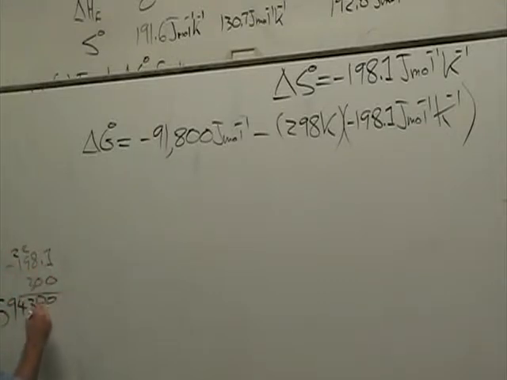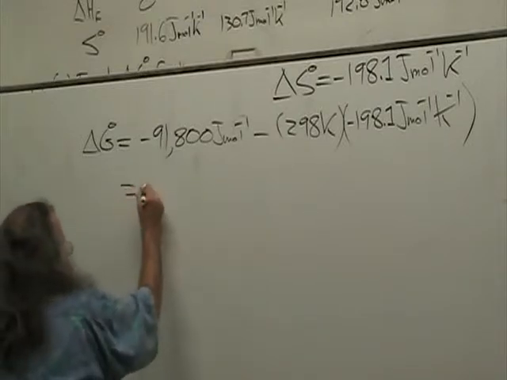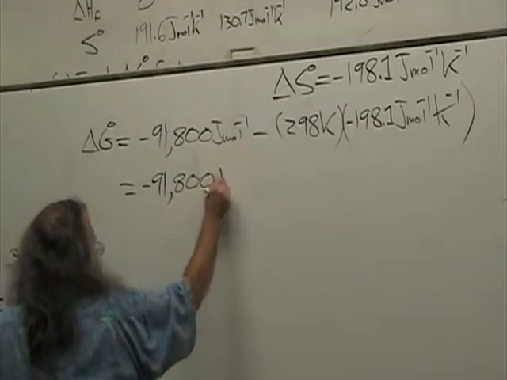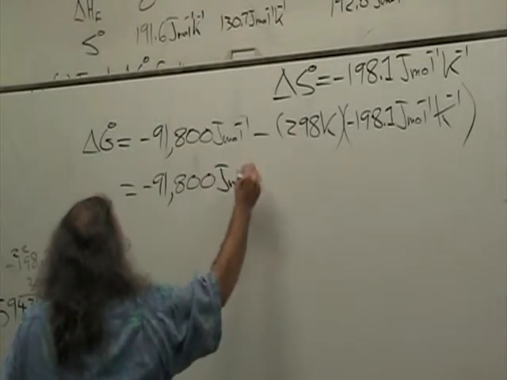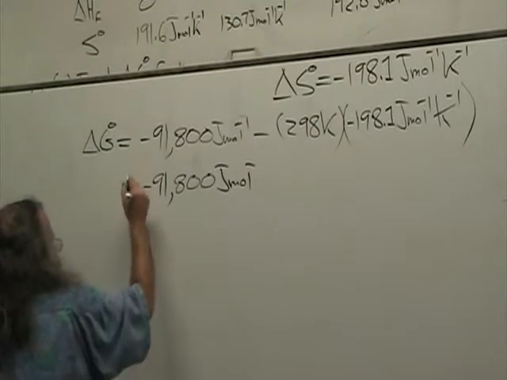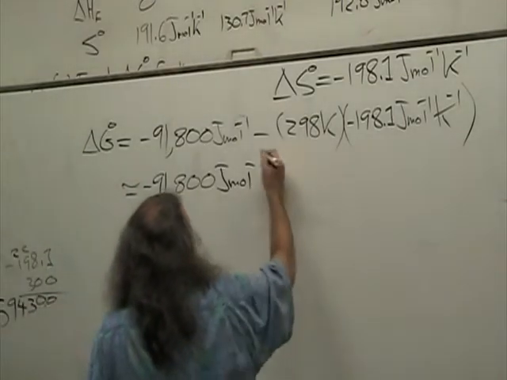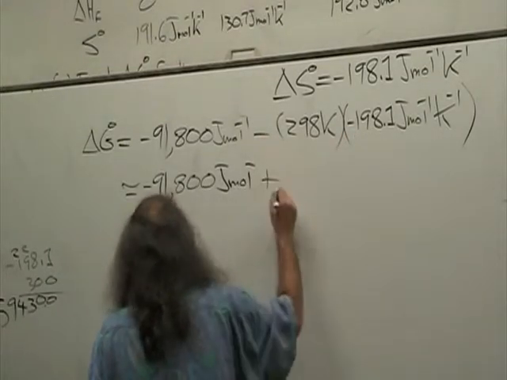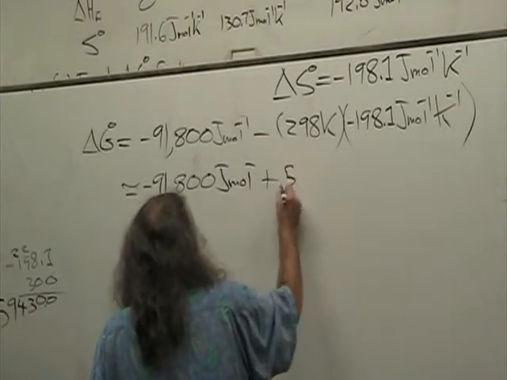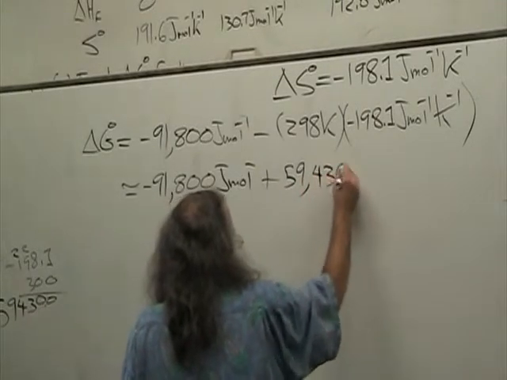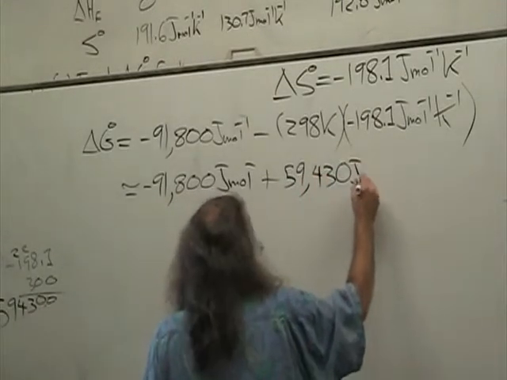Okay, so this is equal to minus 91,800 joules, and I'll put a little squiggly line, it's just about equal to that. A minus is plus 59,430 joules per mole.